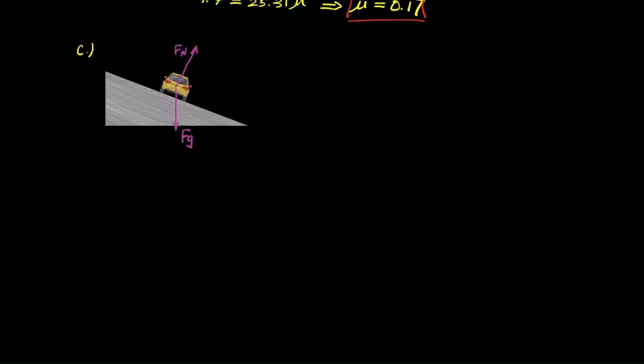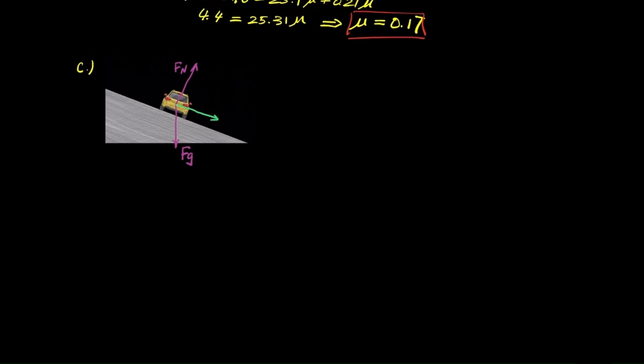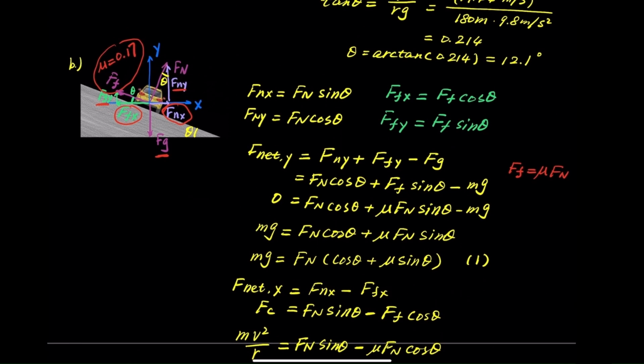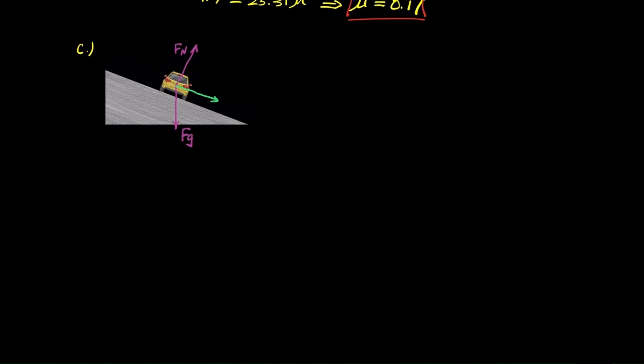Therefore, the friction force must be pointing down the slope to hold the car in place, right? See how that friction direction has completely reversed compared to the slow speed scenario. In the second part, we have this friction force pointing upwards, right? Now in this third part, as the car is driving fast, the friction force is pointing downwards.